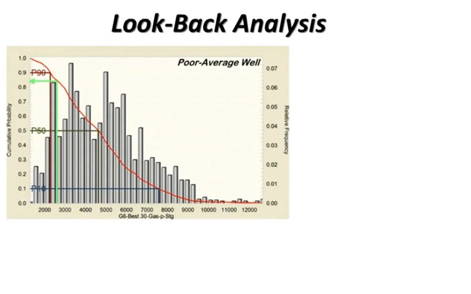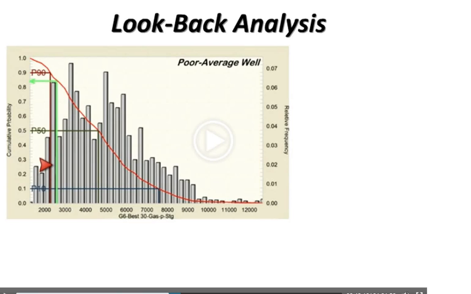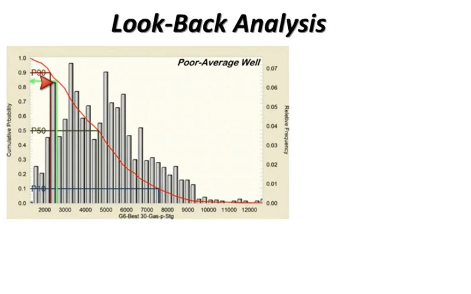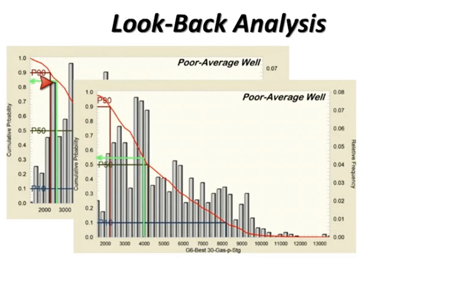These are wells that are categorized as poor or average wells. This particular well has this distribution in uncertainty analysis, and you can see that this well has literally performed as such, and it's less than P90. So this well was not fracked in a nice way.